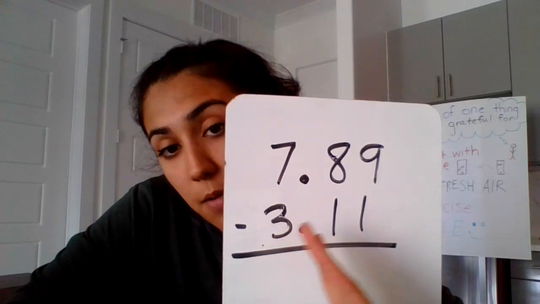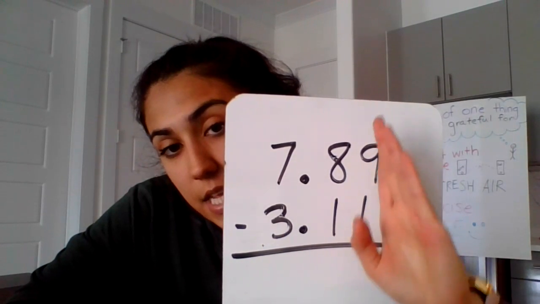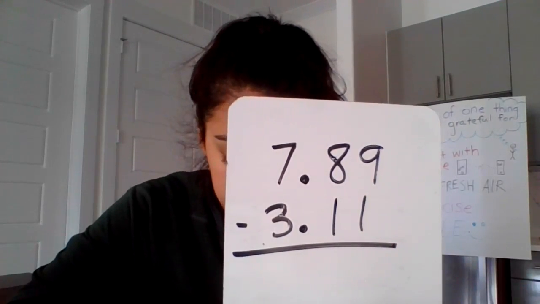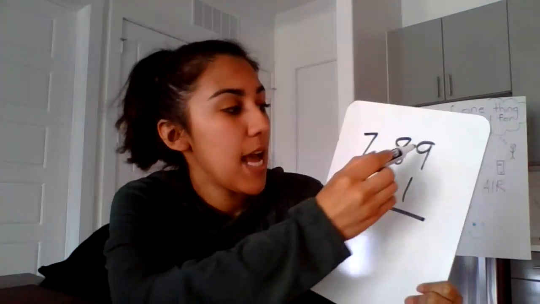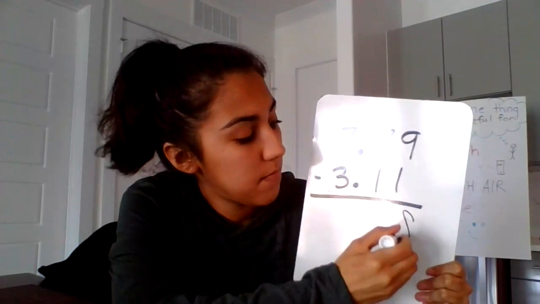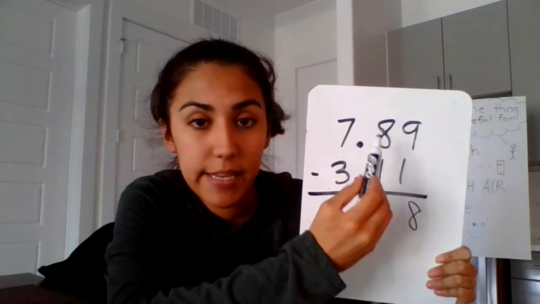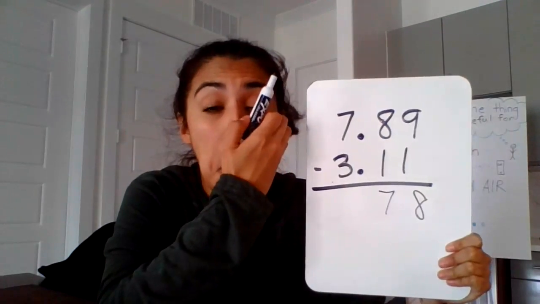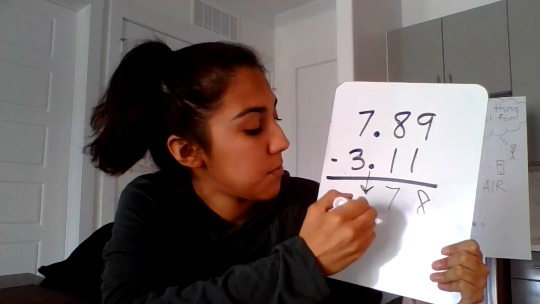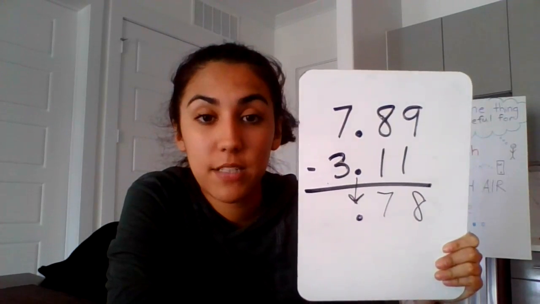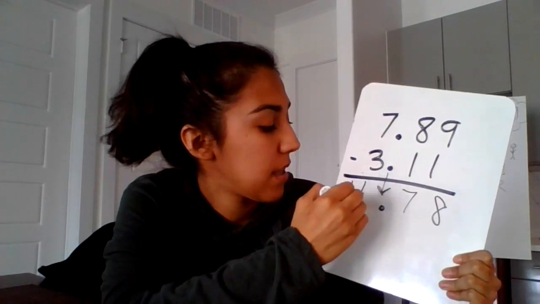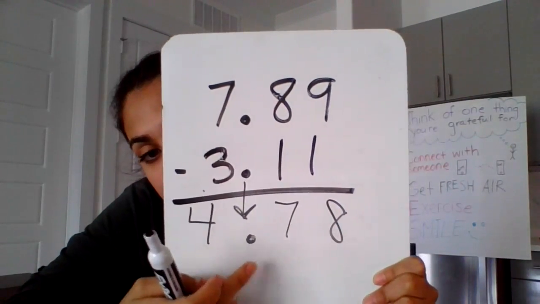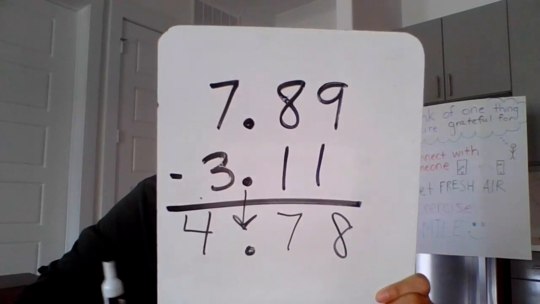And for this problem, the lowest place value is the hundredths place. So let's subtract. 9 minus 1 equals 8. 8 minus 1 equals 7. Drop your decimal. 7 minus 3 equals 4. Boys and girls, your final answer is 4 and 78 hundredths.